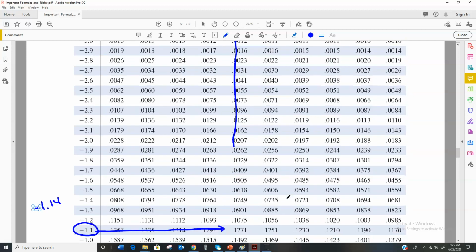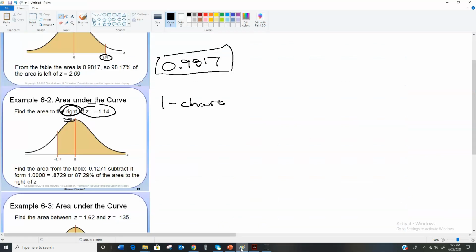So negative 1.14 gets us 0.1271. So they're saying 0.1271 is this area, but we want this area to the right. It's not this 12.7%, it's what's left above that.